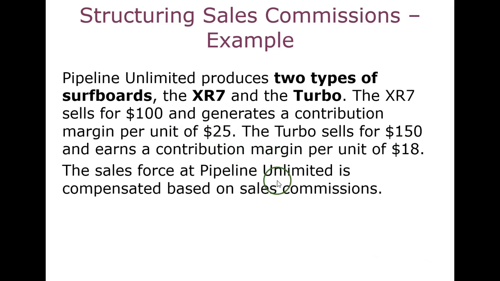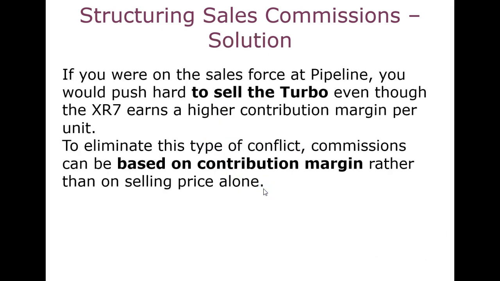So they say to prevent this conflict, have the sales commission be based on contribution margin, and therefore salespeople will want to sell this one. Okay, so again, it eliminates the conflict here, and maybe it can help you make better decisions.